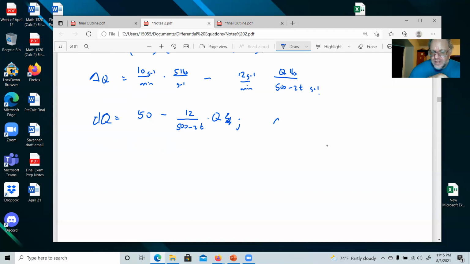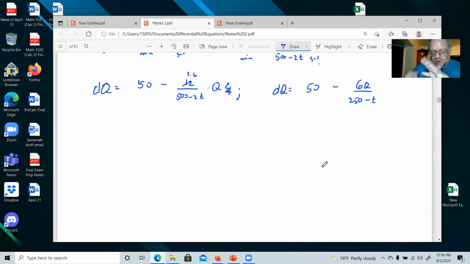So we have dQ/dt equal to 50 minus, this is 2 times 6, so this is going to be 6Q over 250 minus t. And then we're just going to swing this through and do integrating factors. Have at it. So here's my dQ/dt plus 6 over 250 minus t times Q, and that is equal to 50.